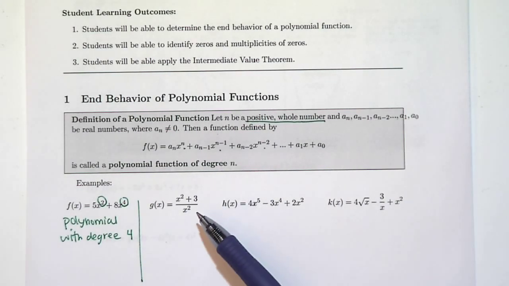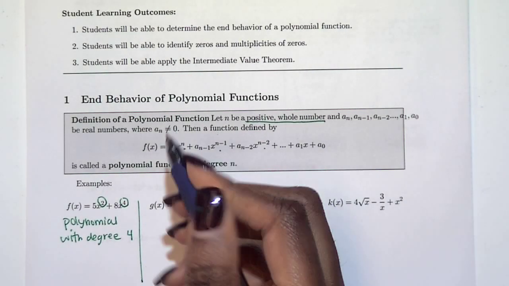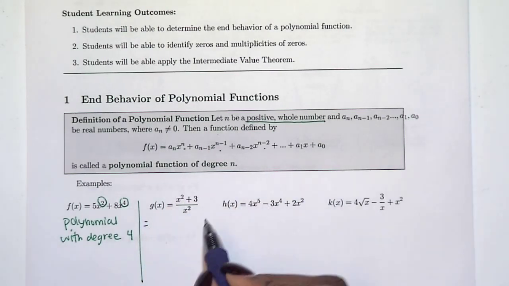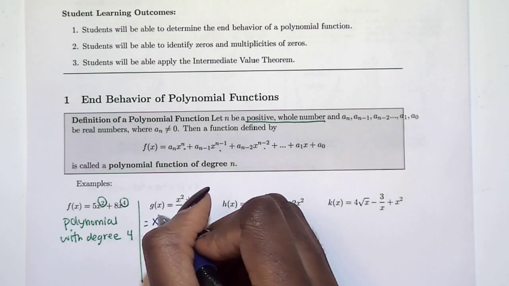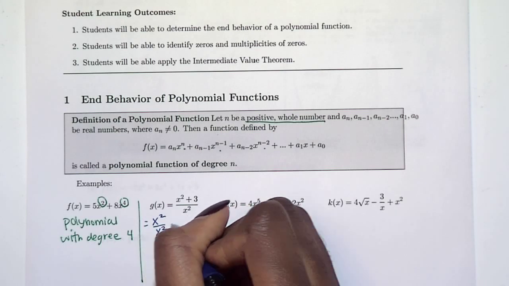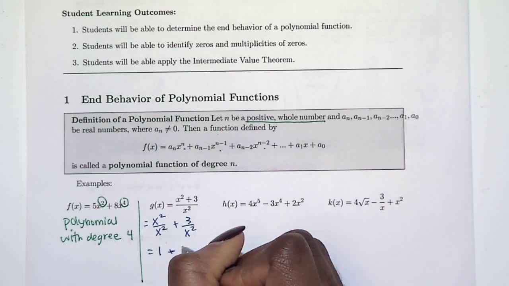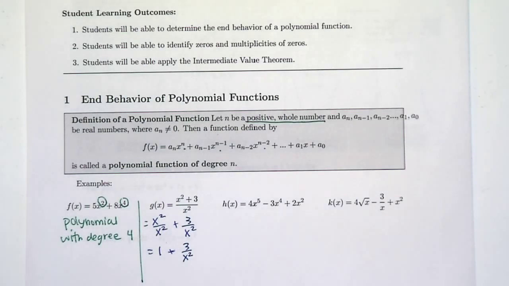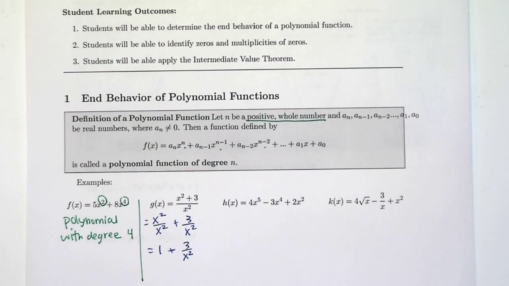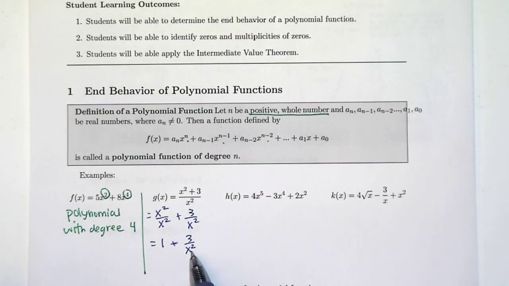Let's look at the next one. We have a fraction here, so that should give us pause, but first let's simplify to make sure things don't cancel. So I'm going to break this up into two pieces. So I get 1 plus 3 over x squared. 2 is a positive number. Does that make this a polynomial?